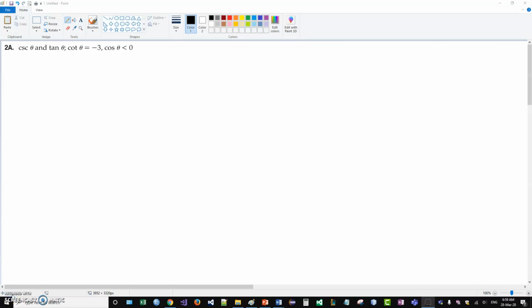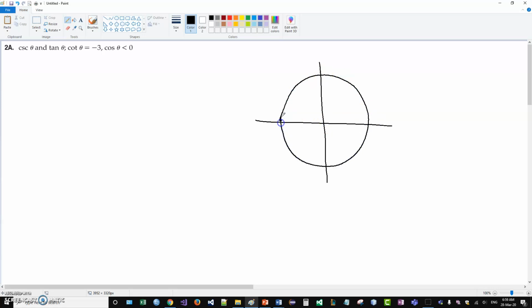For this example, we want to find cosecant theta and tangent theta, given that cotangent theta equals minus 3 and cosine theta is less than 0. If this is given, we know that in the unit circle, right here, cotangent is negative.